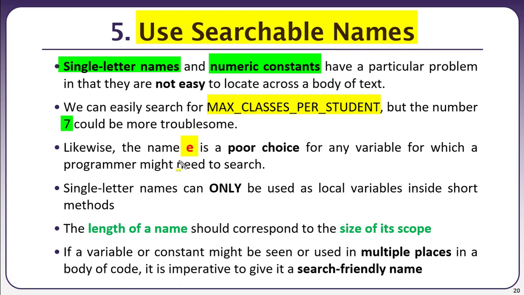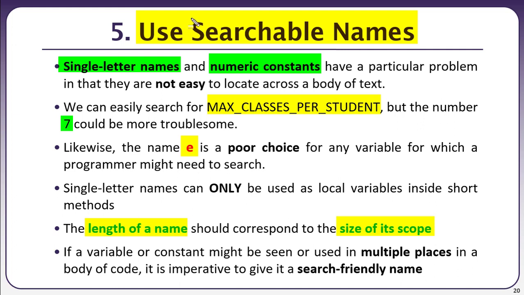A rule of thumb says that the length of the name should correspond to the size of the scope. That means if our scope is limited, we can use small letter or smaller length names, but if the scope of the variable or the scope of the method is large, so for example if we are creating a variable that is going to be used across the class, then that name should follow the guidelines that we have talked about already, like it should be intention revealing.